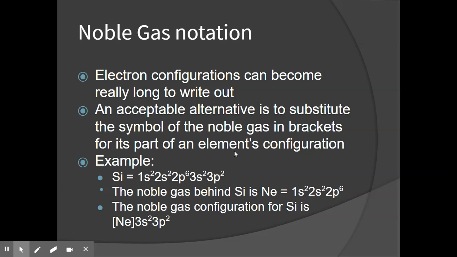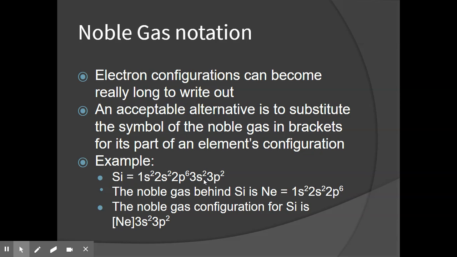So if we use silicon as an example, the long form of silicon's electron configuration is 1s2, 2s2, 2p6, 3s2, 3p2. All the way up to 2p6, this half of the configuration is neon's configuration. So I could take all of this, the 1s, 2s, and 2p, and substitute neon symbol in place of it to represent the core.